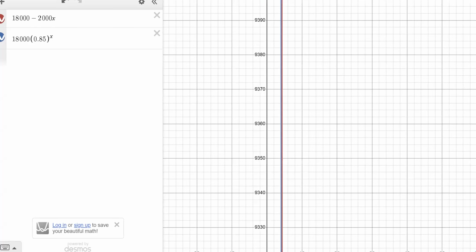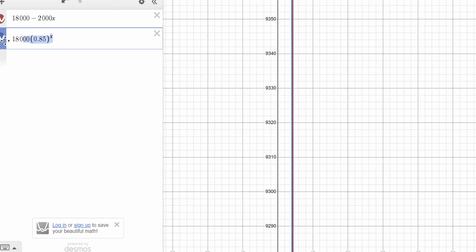So in this case, that means that the red function is greater until a certain point, and then the blue function becomes greater after that.